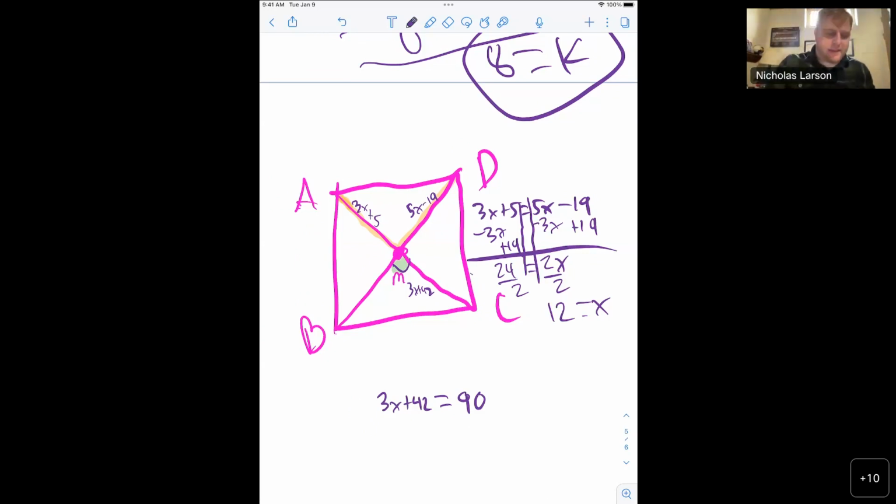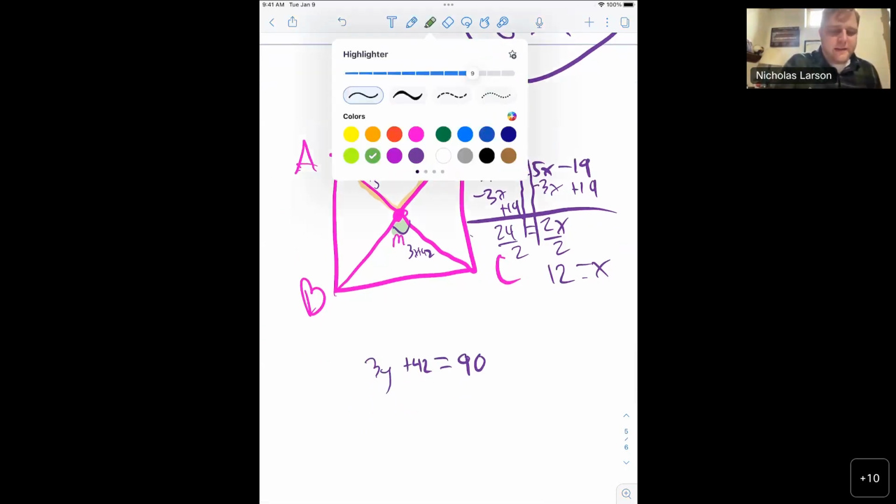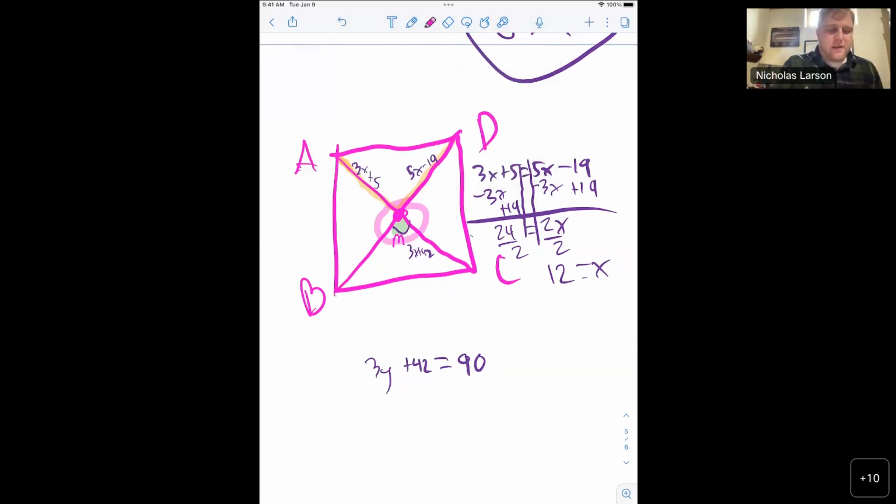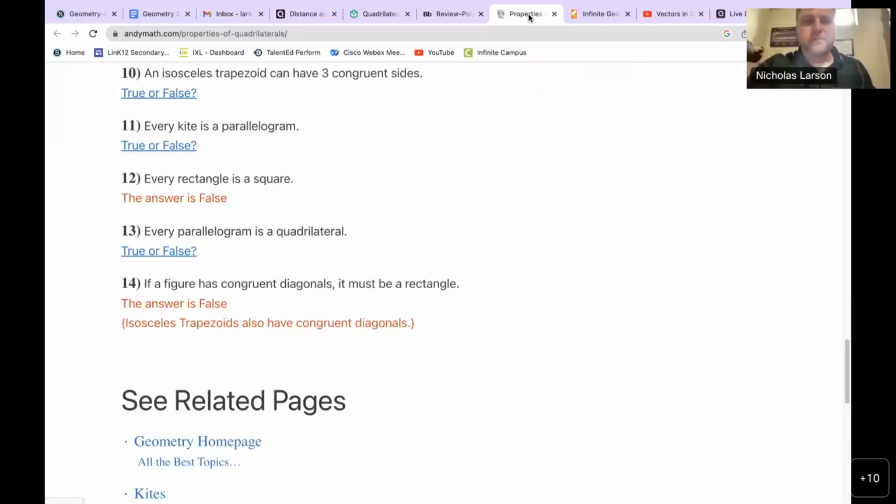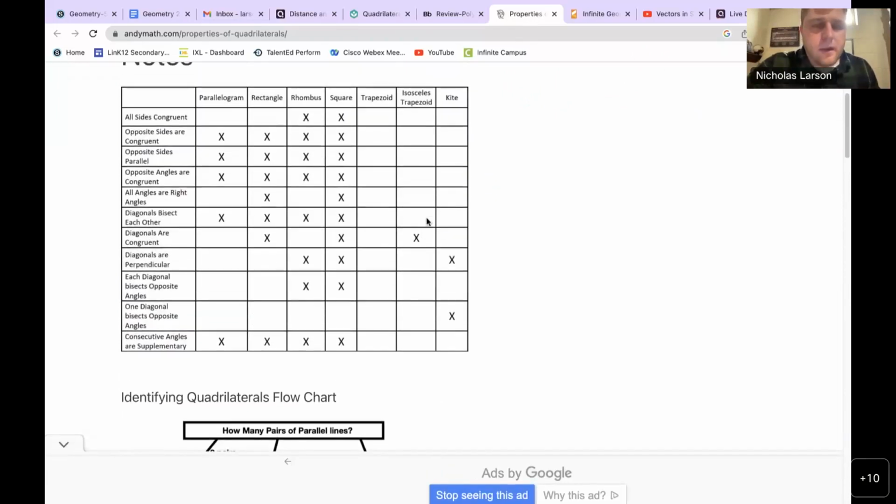And for this case, let's change this x to a y so that we're using two different variables. The key to figuring this one out is perpendicular diagonals. So if we look at our cheat sheet, let me pull that up, I know that in a square, the diagonals bisect each other, diagonals are congruent, and diagonals are perpendicular.